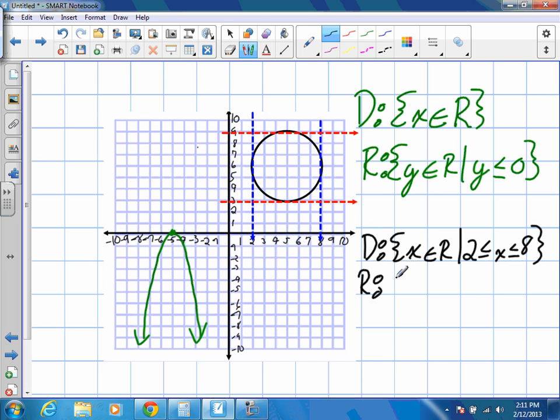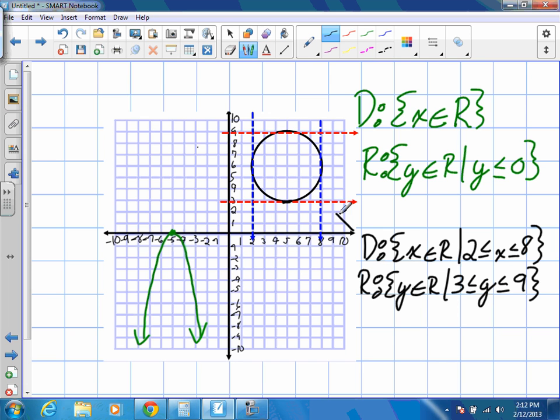So our range is still y, element of R. It still exists. And it's continuous, but the lowest point is what value? 3. So we know y is greater than or equal to 3. And what's the highest value? Less than or equal to 9. And that's how we'd write the domain and range for something like this.